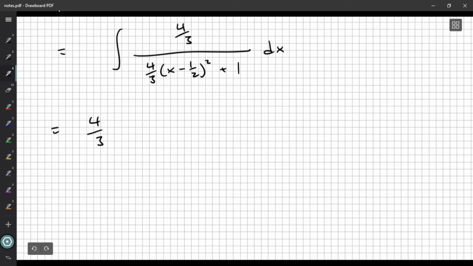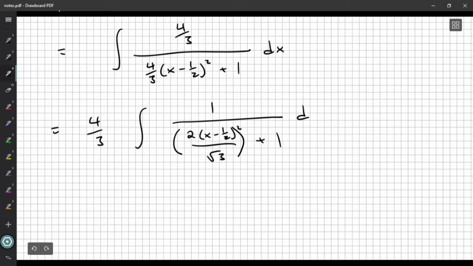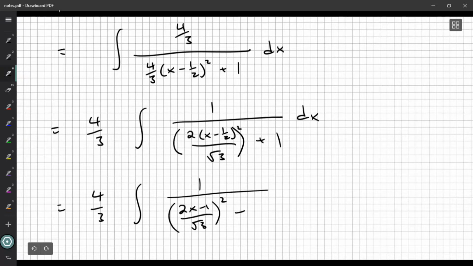So we can pull out the 4/3, and we can absorb the 4/3 into our square here. And we can even multiply the 2 and get 2x minus 1. So 2x minus 1 all over root 3 squared plus 1.